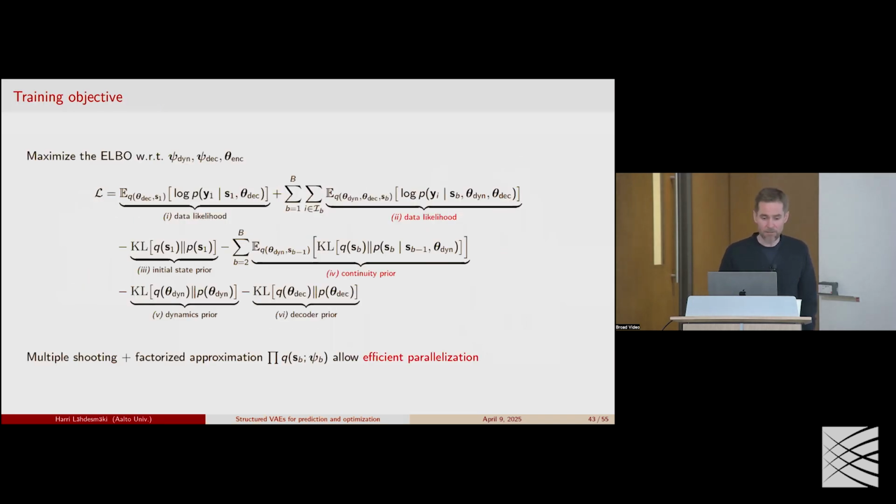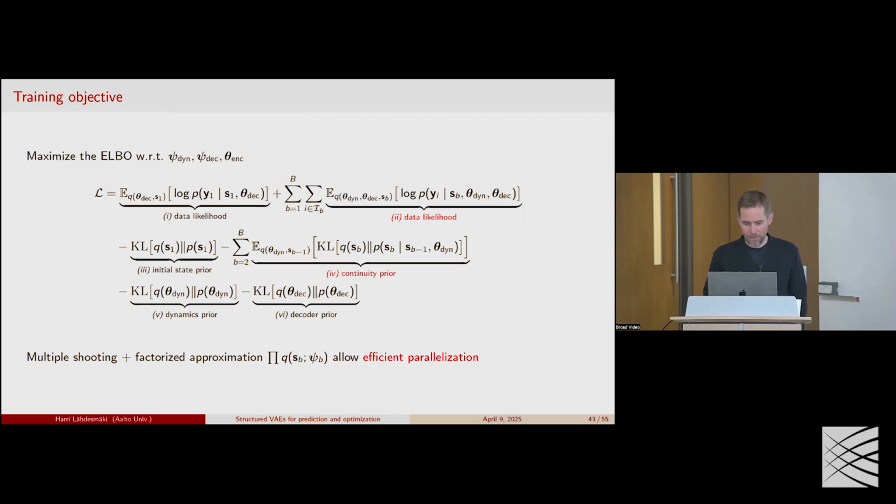And then again, evidence lower bound based training of the model. You don't need to care about the complicated expression. The point that I wanted to make is that, again, it has the same structure. The first two parts correspond to the reconstruction of the data from the latents, and then the four remaining parts implement the regularization. The parts which are highlighted in red involve the dynamics in the latent space.